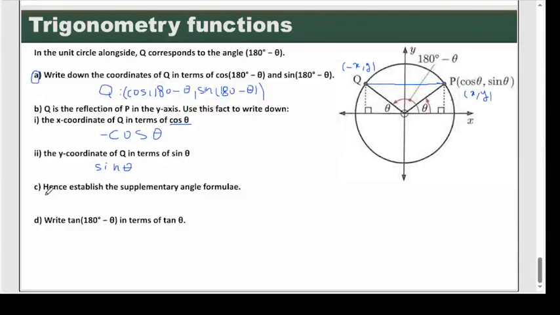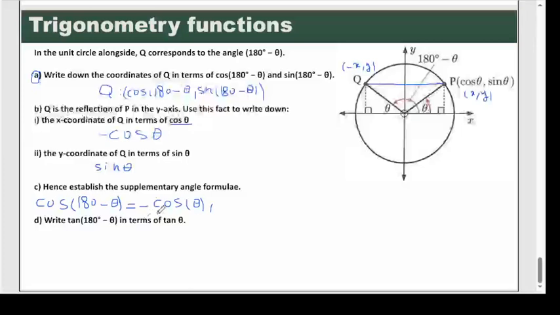Part C says, hence establish the supplementary angle formula that says cosine of 180 minus any angle gives me the negative cosine of that angle.